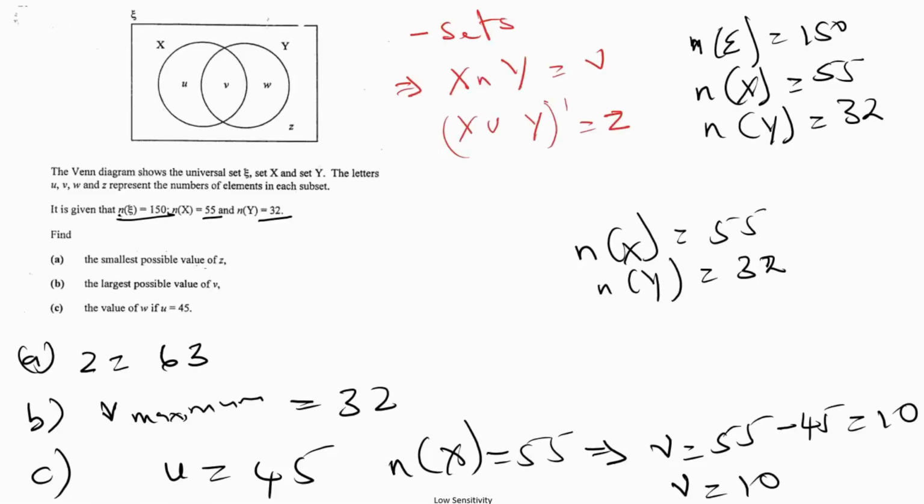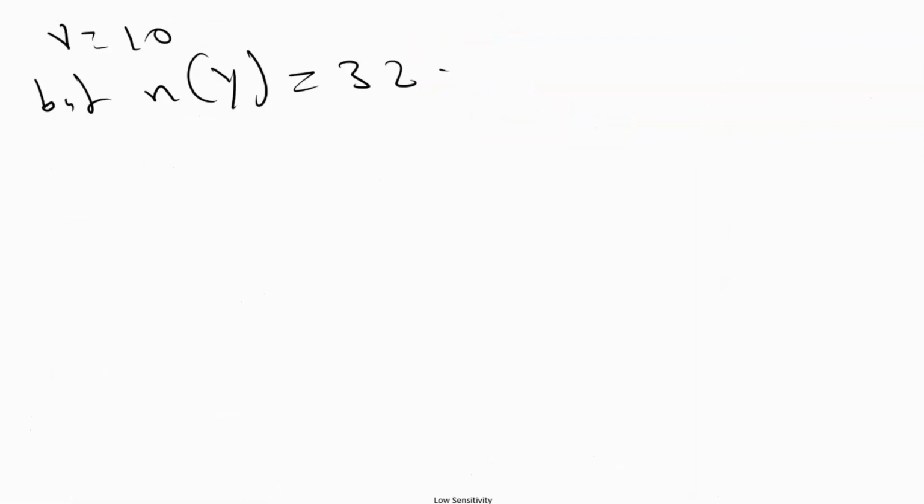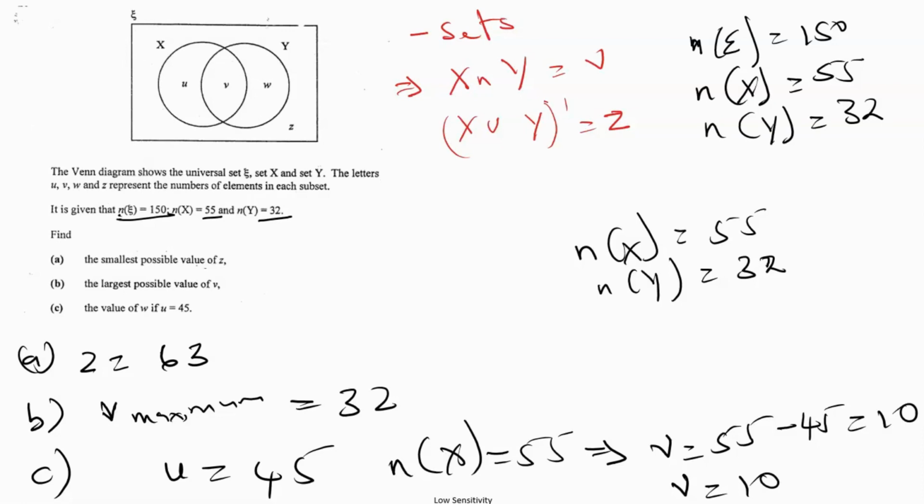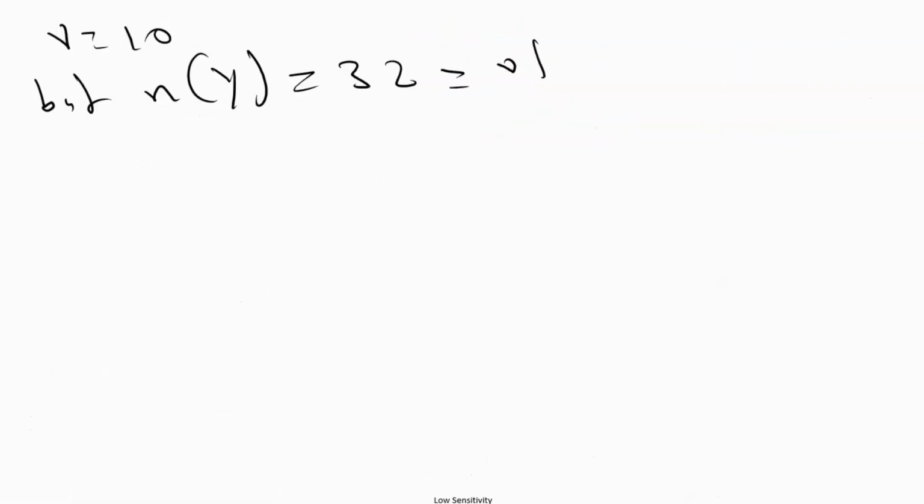If we go back here, this is equal to V plus W. Therefore, we know V equals 10 plus W equals 32, and therefore W is equal to 22.